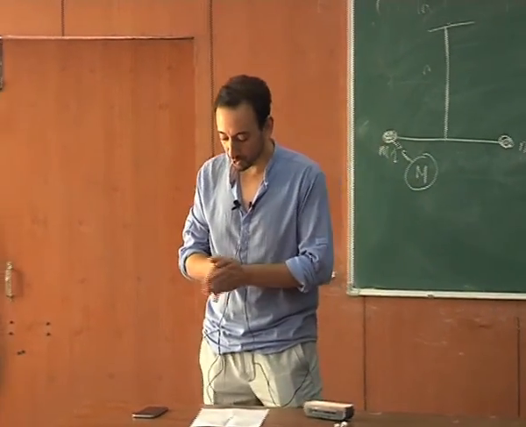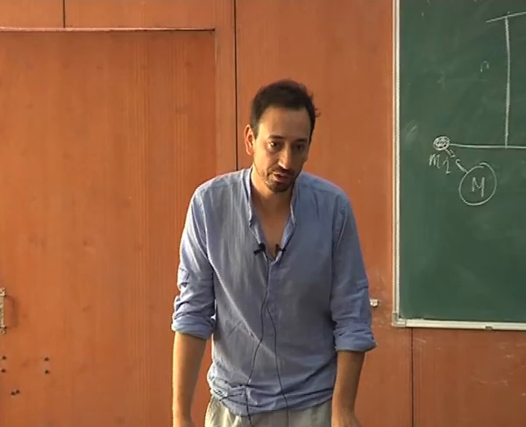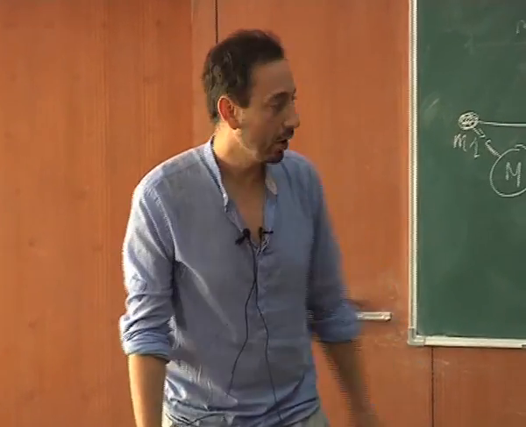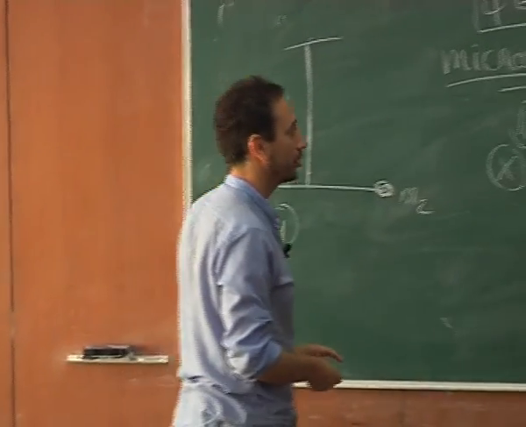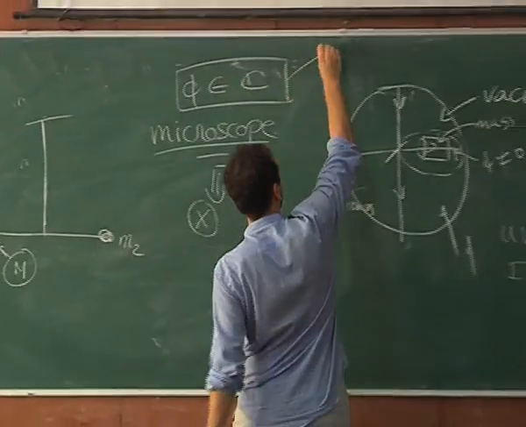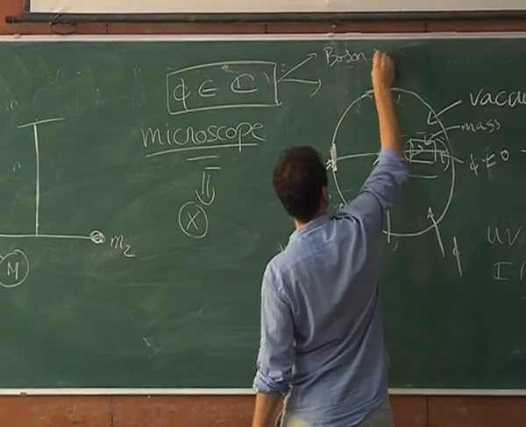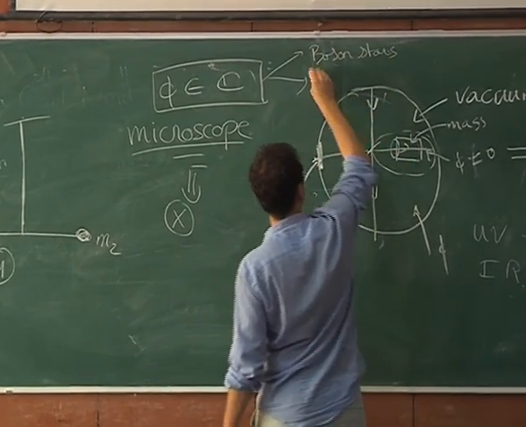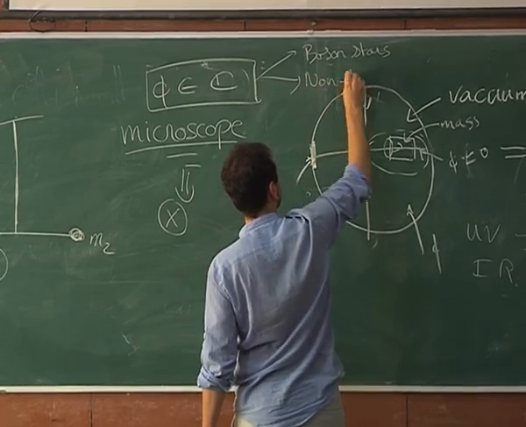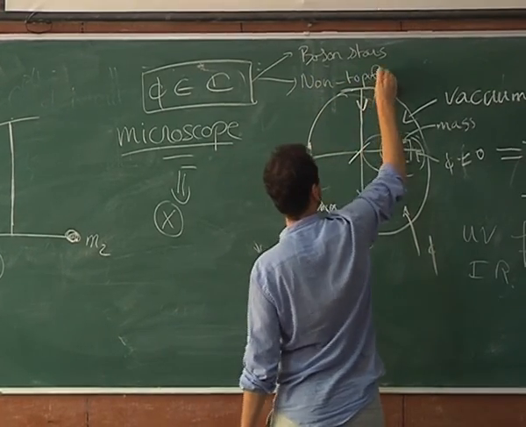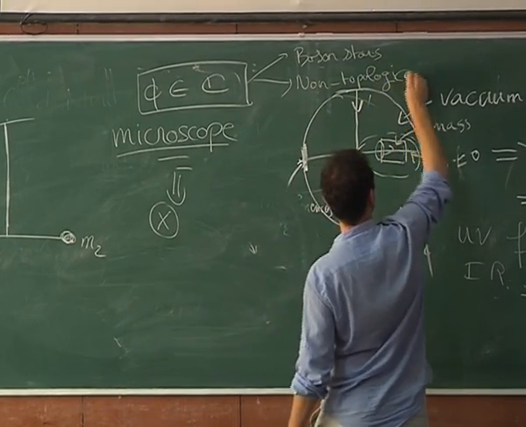If you want to read a bit about it, they are called boson stars, or they are also called non-topological solitons. In the literature, they are called either boson stars or non-topological solitons.